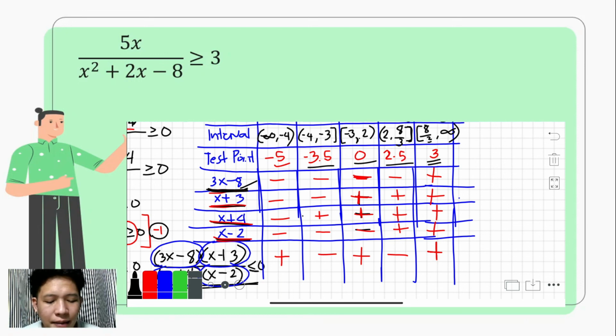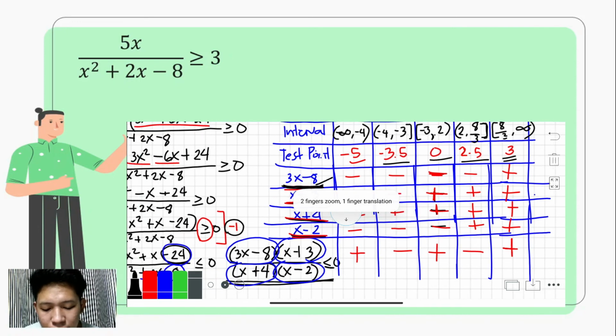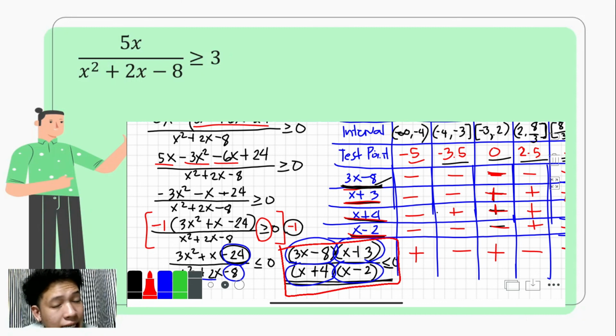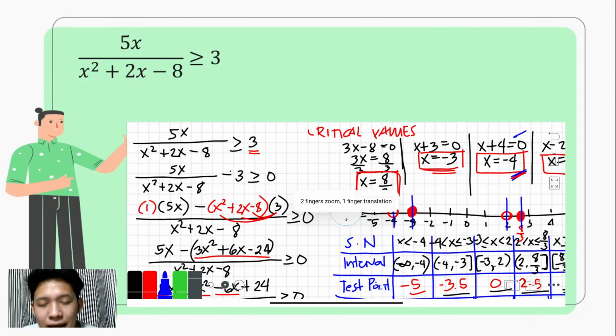Ano po ba yung ating magiging or ating i-consider na sign? So, dun sa ating single rational inequality, ano po ba yung ginamit natin na inequality symbol? That is less than or equal to. So, kung less than or equal to, actually, it's greater than or equal to, di ba? Dun sa original.